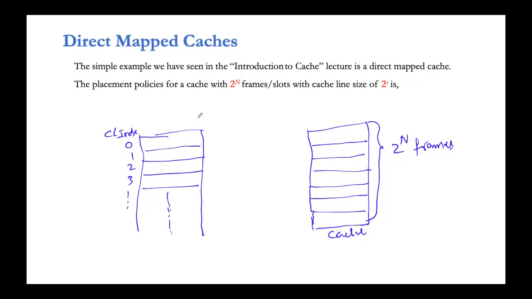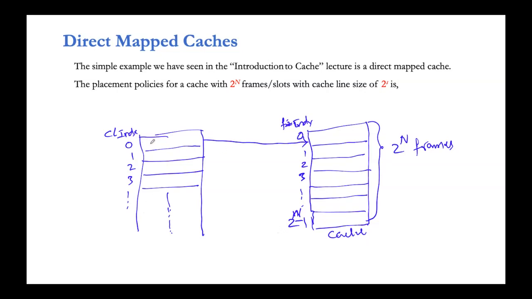We have already seen this example in the introduction to caching, but the placement policy of the direct mapped cache says that there is also a frame index. So the 0-indexed cache line will go and take place in frame 0, then 1, 2, 3, and this goes on up to frame 2 to the power of n minus 1.